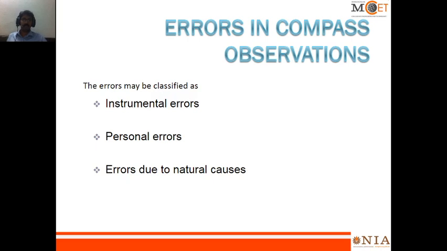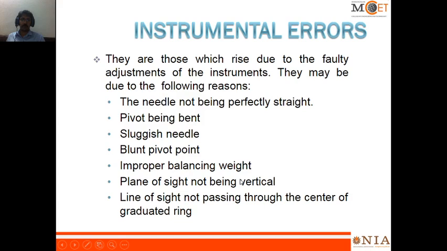So now, how do errors come in the compass? Instrumental error: due to the usage of the compass for a long time, the needle deviation and the magnetic attraction may be different, so it may be caused by instrumental error. Personal error by the handling person. The third one is due to natural causes, right? You will see one by one.